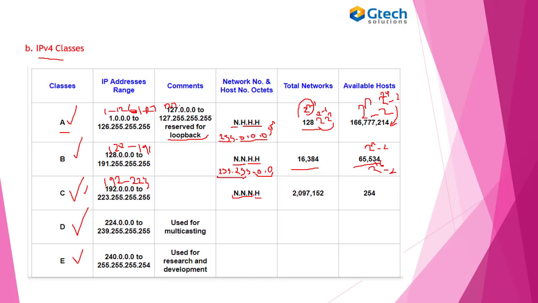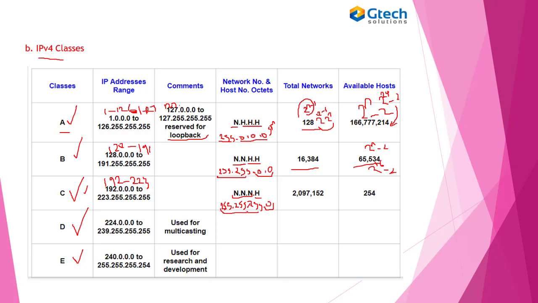So the subnet mask here will be 255.255.255.0.